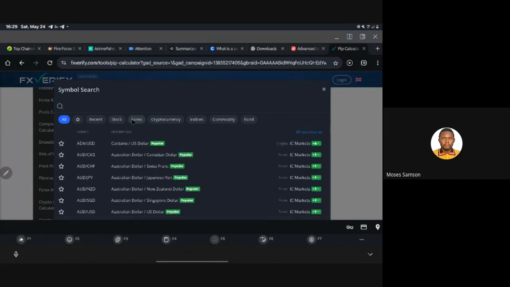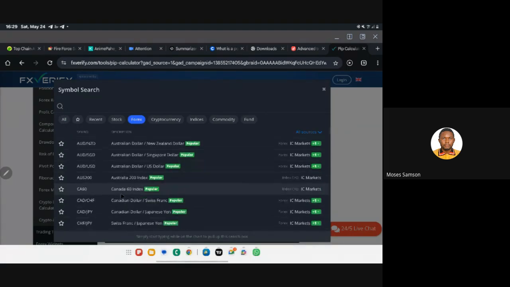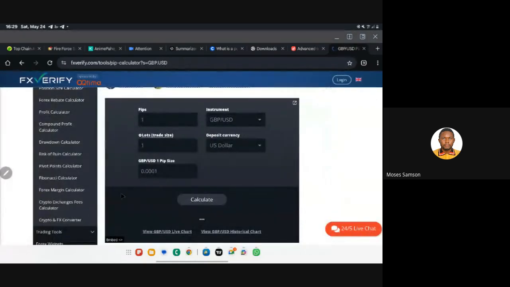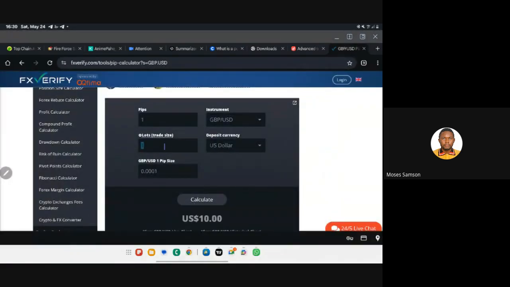Come to Forex. GBP USD calculates. We know this for one lot size: one pip movement equals $10.